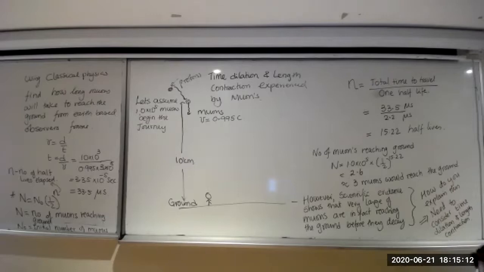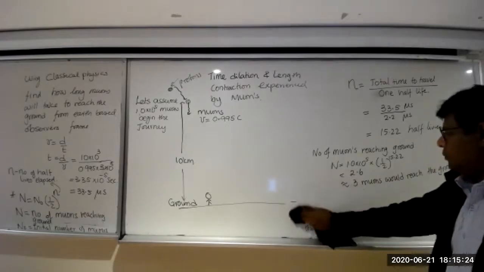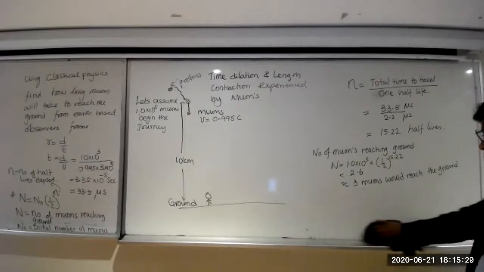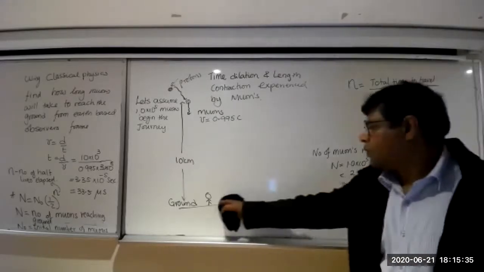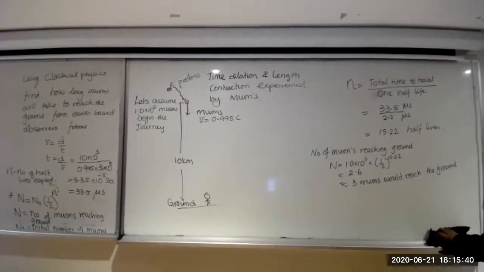If you use classical physics, that's all the muons that can reach the ground. Only 3 muons can reach the ground. But the evidence shows that maybe 30,000 or 40,000 muons are reaching the ground. Not 3.